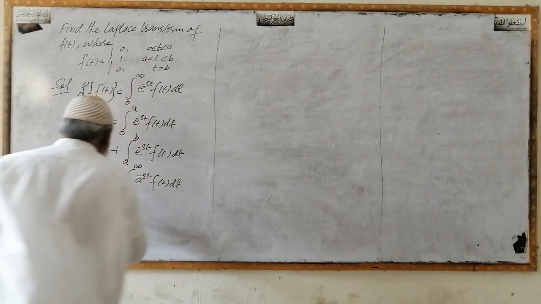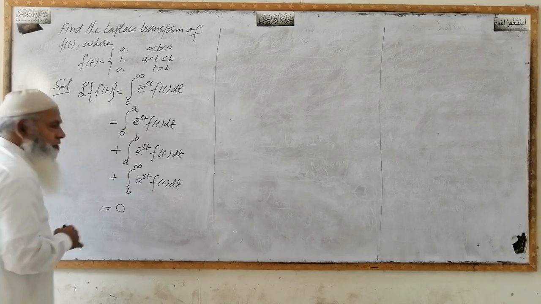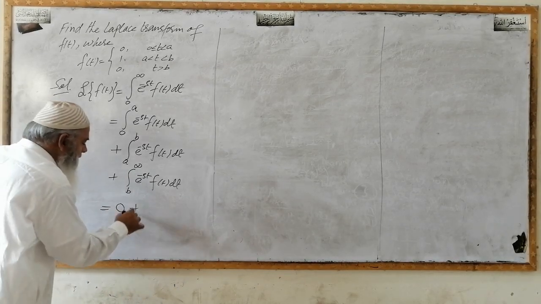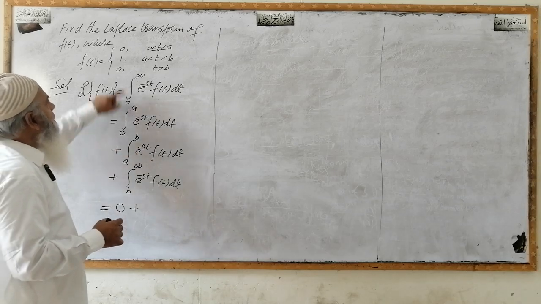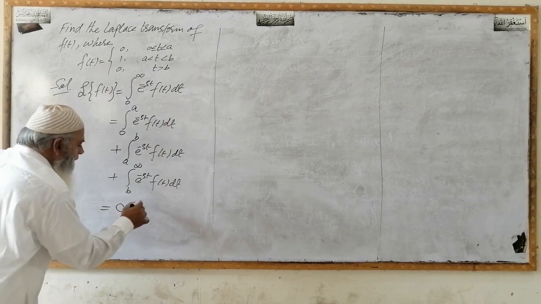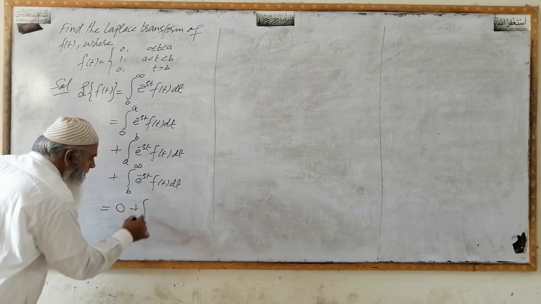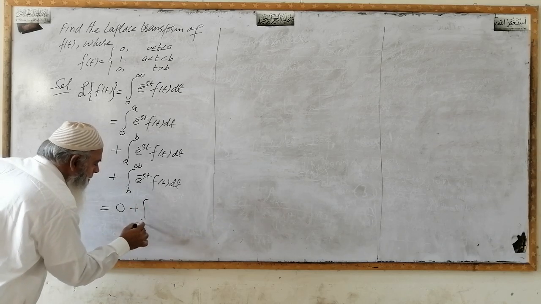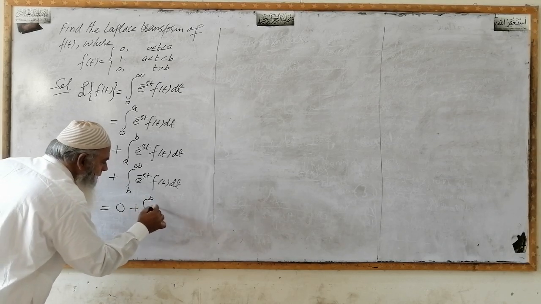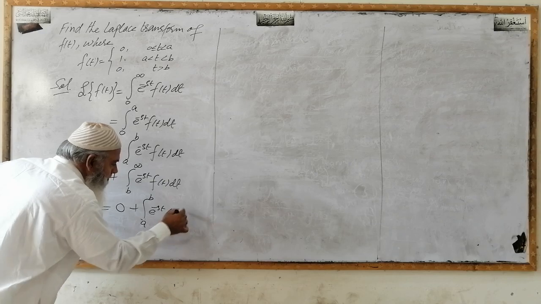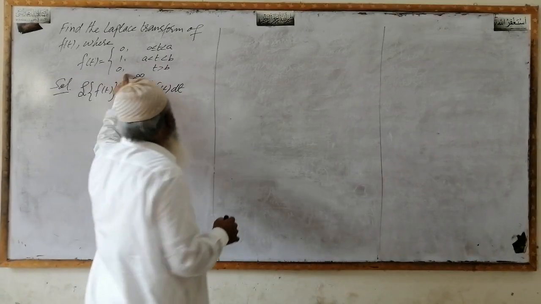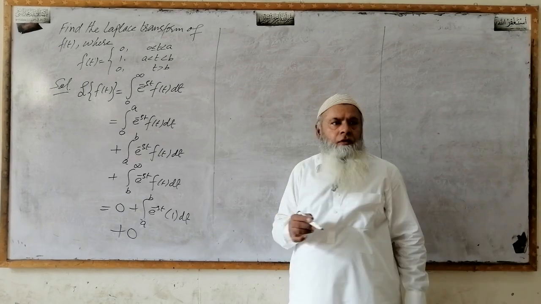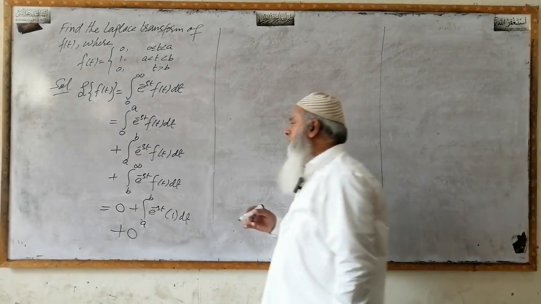Therefore the first integral will become 0, and the second integral where t varies from a to b, f of t is 1. Therefore we will have from a to b e raised power minus s t into 1, and finally for the third integral we once again will have 0. Is it clear? Okay.